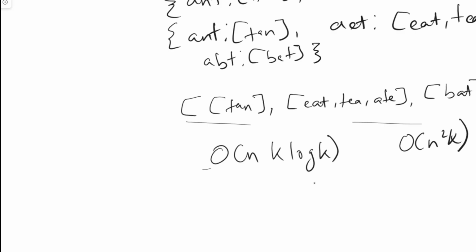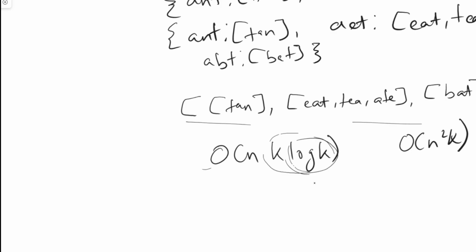Again, k being the size of our largest word, and n being the number of words we can have. One other thing, the k log k is there because we are sorting each word when we get it.